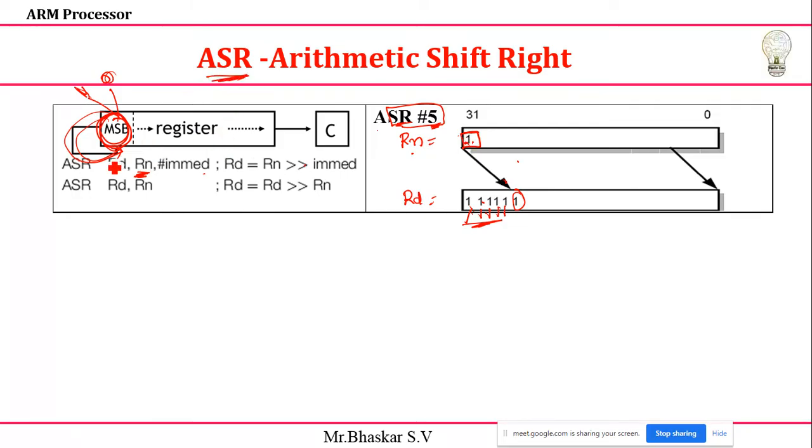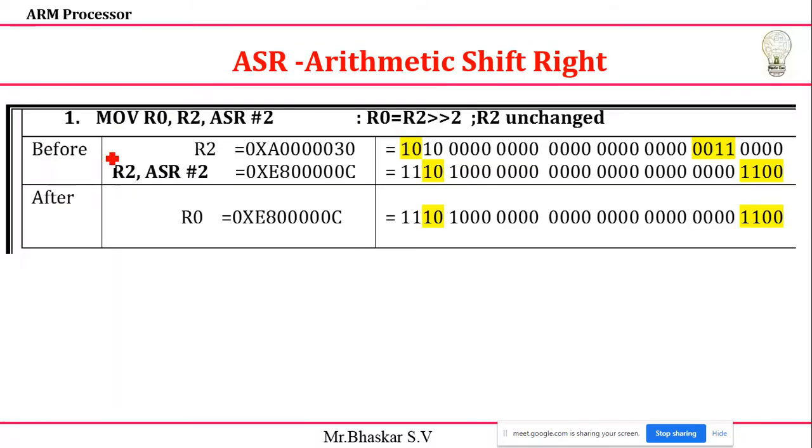So this is simple. My MSB bit will be stored here. Let's take one example. You can see MOV R0, R2, ASR. So what will it do? I have some value in R2. So arithmetic shift right of two positions, and the result you need to store in my R0 register.